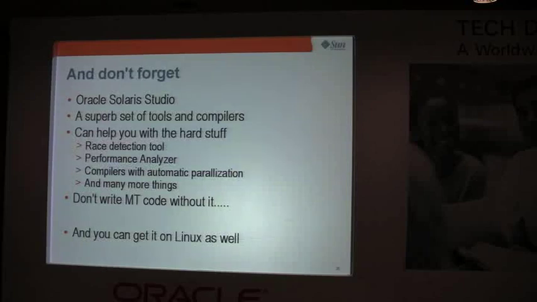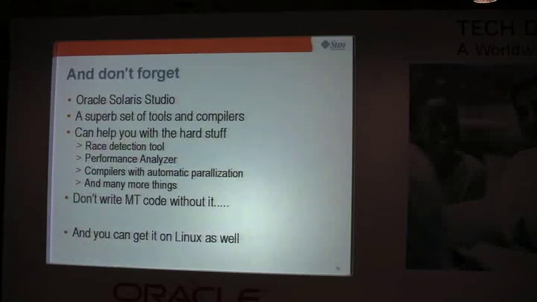And don't forget Sun Studio. Solaris Studio is a superb set of tools. I think I mentioned it a number of times now. I personally think it's probably the best toolchain in the industry to write multi-threaded code. It's very, very good for those things. We have race detection tools, a performance analyzer, compilers with automatic parallelization, and many, many more things.